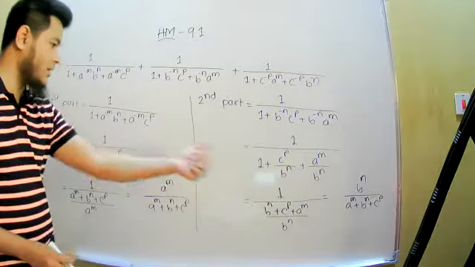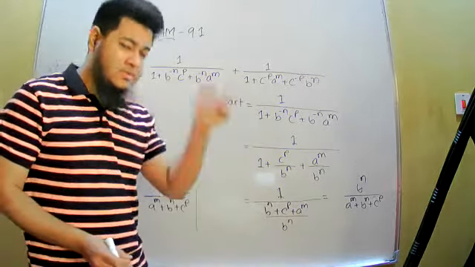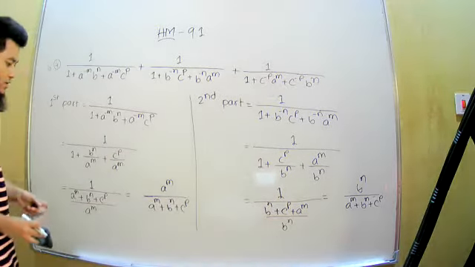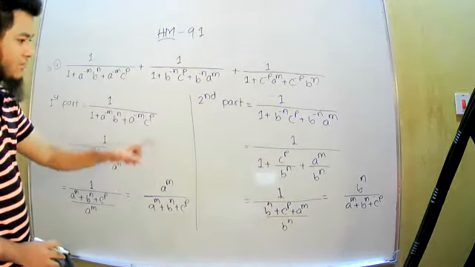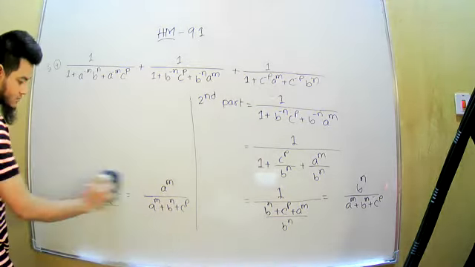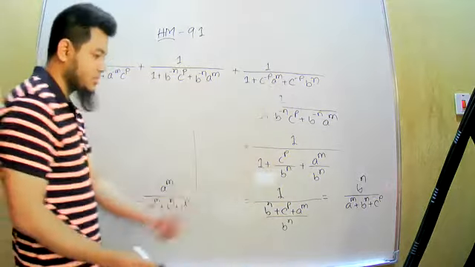Okay, both of them I did similar process. So I expect from you, please, the third part you will be able to do yourself. Okay. And looking at the pattern, we can say from the third part what we will get. Can anybody tell me? From the third part, what expression shall we get?